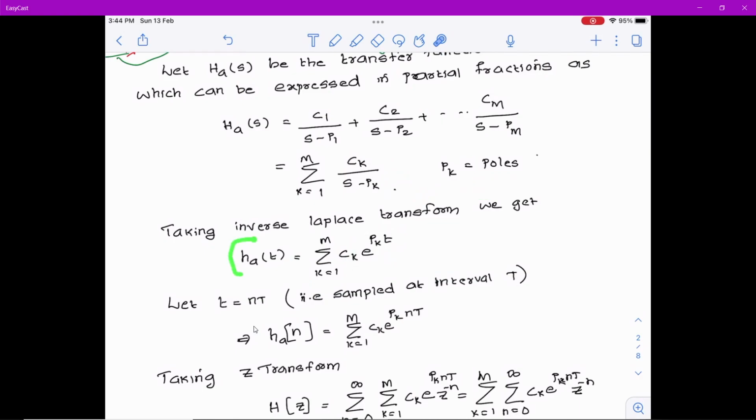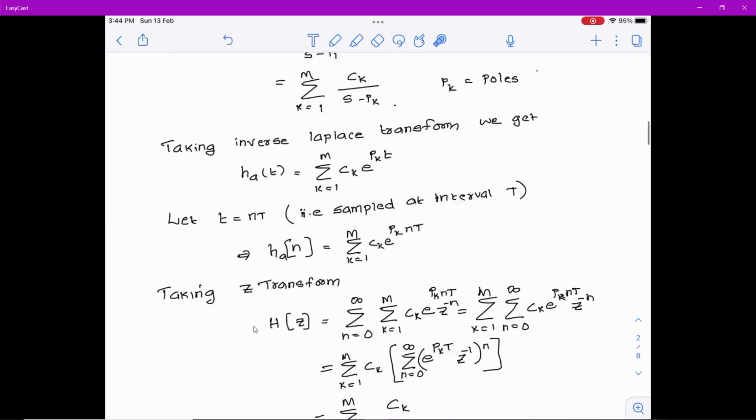Now this is continuous, and what I want is digital. So I sample this at t equal to nT, where T is the sampling period or sampling interval. Wherever I see t, I replace it by nT, which gives a sequence for each value of n. So HA of n is sigma k equal to 1 to m ck e raised to pk, with nT instead of t.